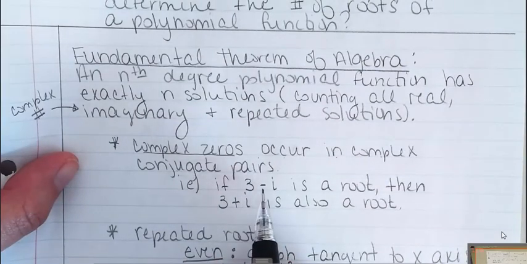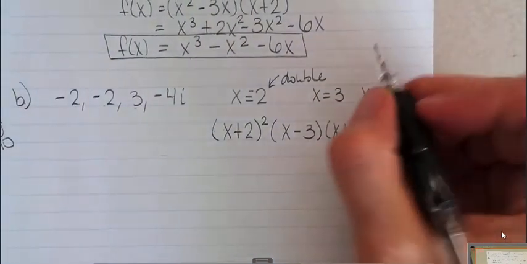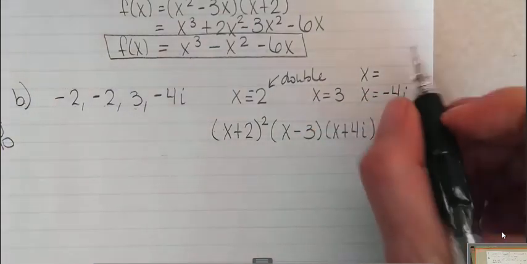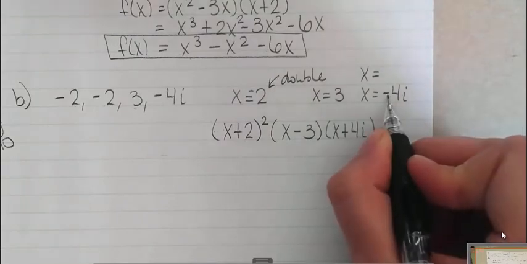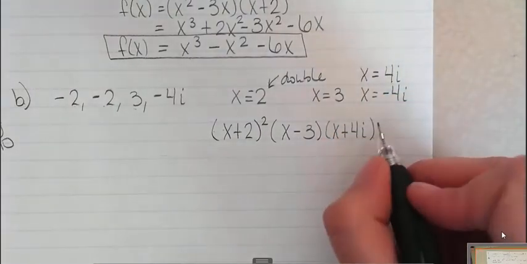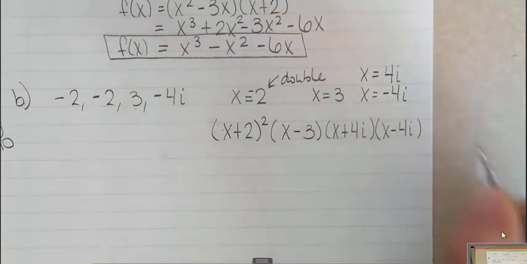If one had a negative sign in between, the conjugate would be positive. So here I've got x equals -4i. Because it is a root, its conjugate, 4i, will also be a root, which makes that factor x minus 4i.